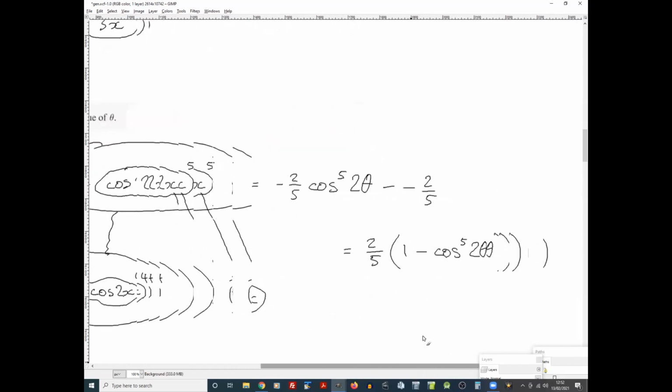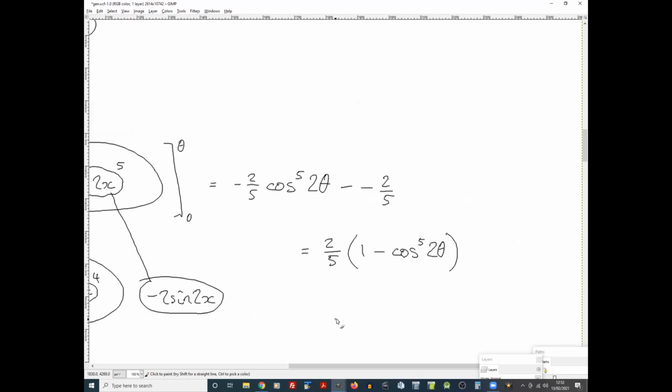Ah, right, yes. And if that equals 4/5, then that gives us, divide 4/5 by 2/5, which is 20/10, so 2. 1 minus cos 5 2 theta equals 2.